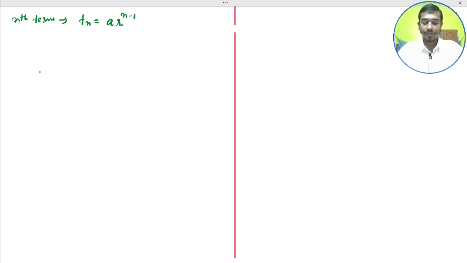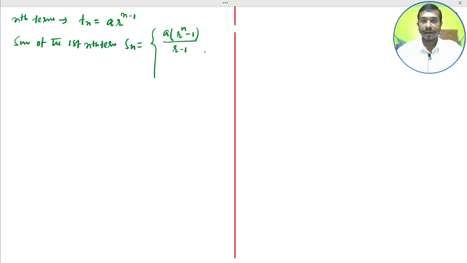Next, the sum of the first n terms, that is Sn. Sn is equal to A into r to the power n minus 1 divided by r minus 1 when r is not equal to 1, and otherwise it would be n into a when r is equal to 1. Okay.